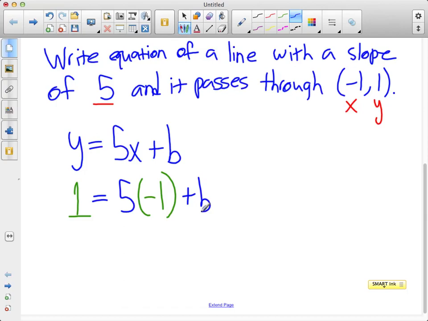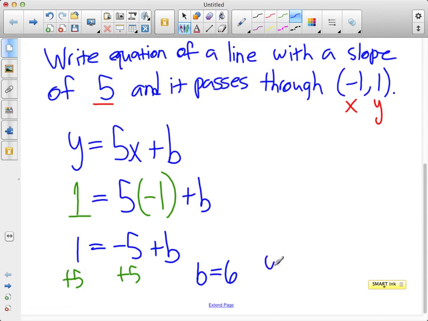Then we solve algebraically. So 1 equals 5 times -1, which is -5, plus b. Then we just add 5 to both sides because we want b by itself. That's 5. And now we know that b is equal to 6. So our slope-intercept form of this line, now that we know the slope is still 5, is y equals 5x plus 6.